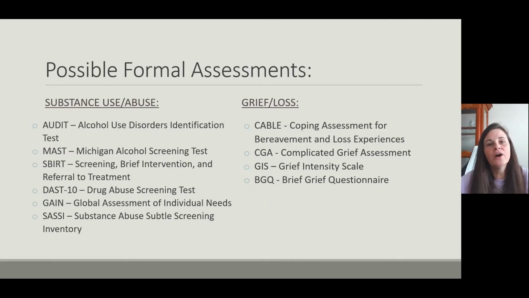And then here are two others that you could explore for potential formal assessments. You could explore substance use and abuse, for her alcohol.